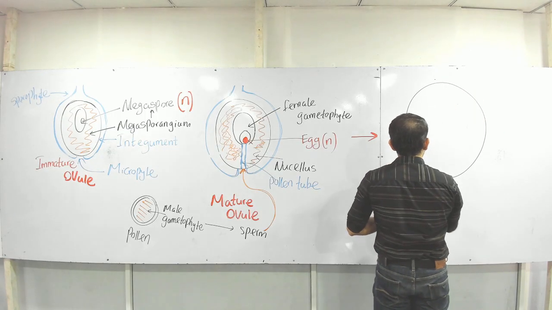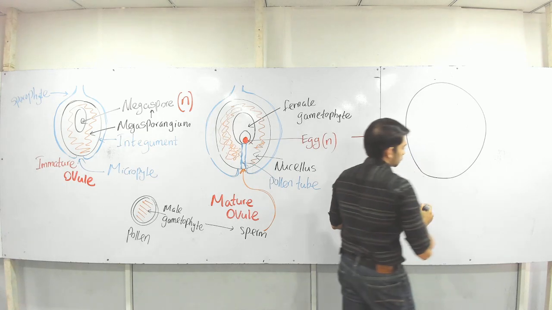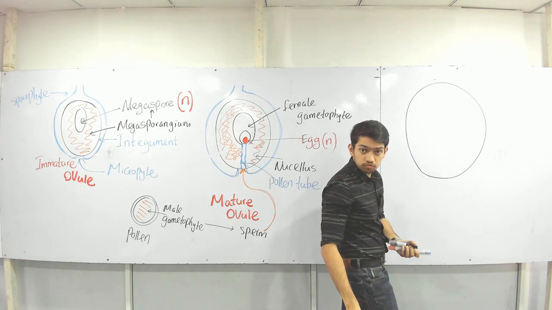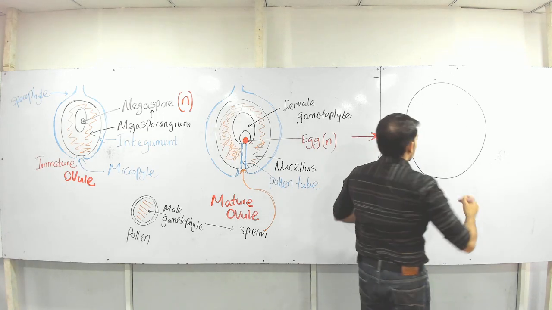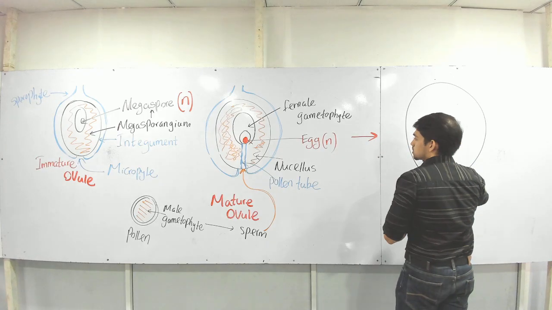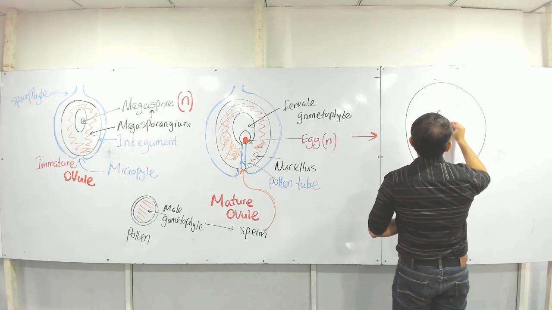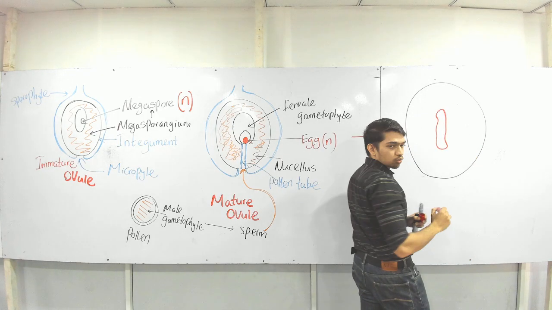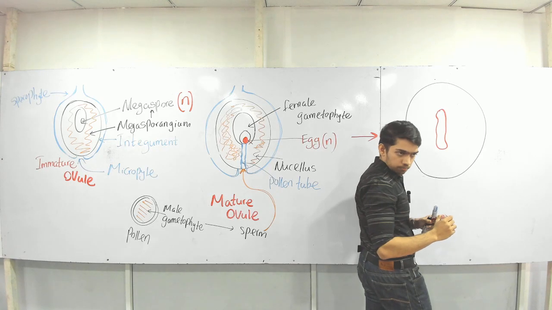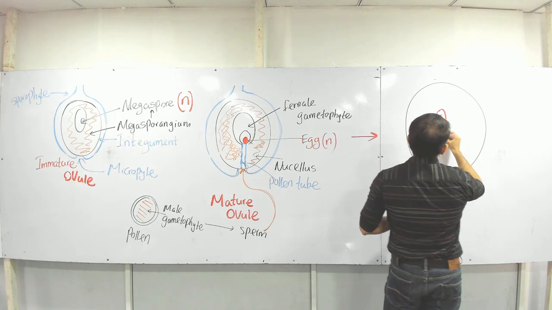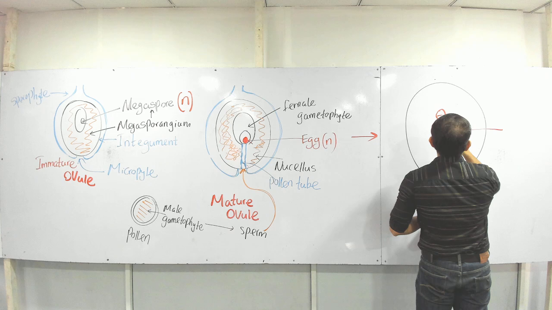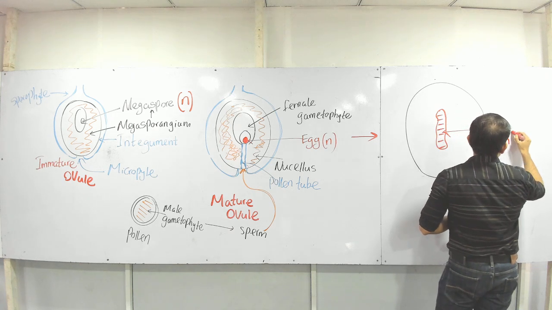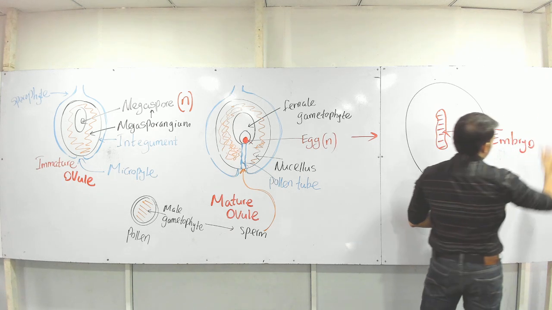So inside the seed, what's the special thing you are going to have? You are going to have a fertilized egg that is going to become a zygote, that is going to be an embryo. This is the most important thing, right? This is the embryo.